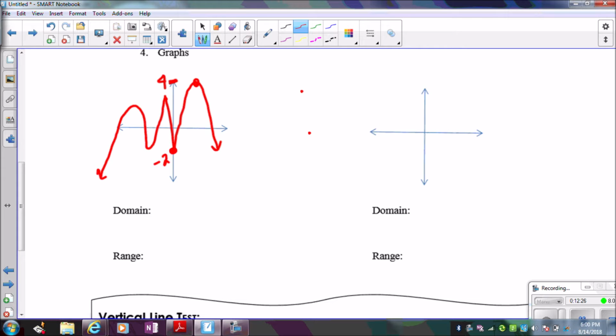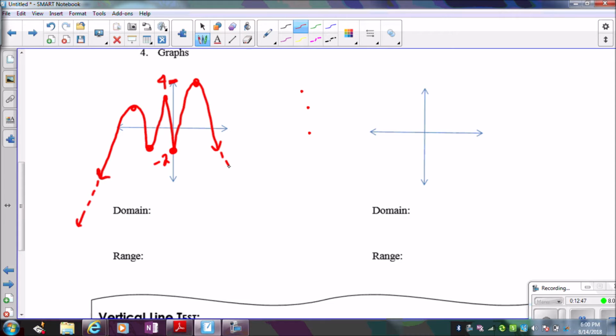So when I look at this, notice that I have some peaks and some valleys here. So I have some maximums and minimums. But what we're really looking at is a domain and range. So the domain, see how I will always have an x value being used? This graph is going to just keep on getting wider and wider.